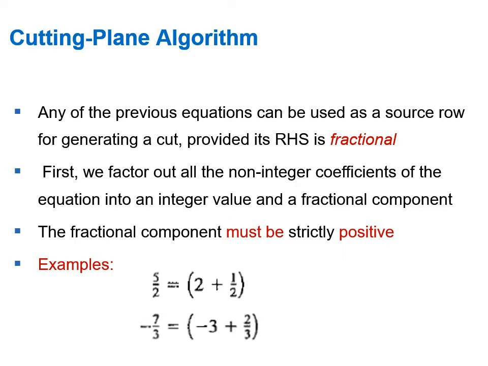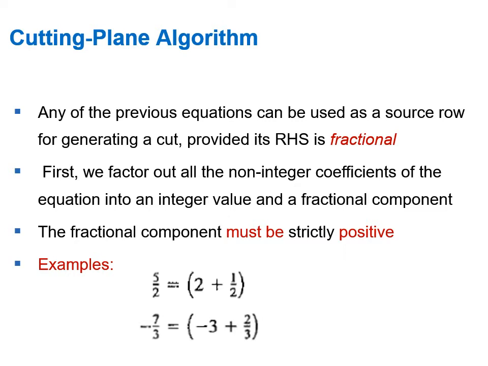The equations corresponding to the constraints in the optimal tableau can be used to generate the artificial constraints, the cuts. Remember the first step of the Gomory cut: we need to have a constraint, and we need to represent the coefficients of this constraint as an integer plus a fractional part.